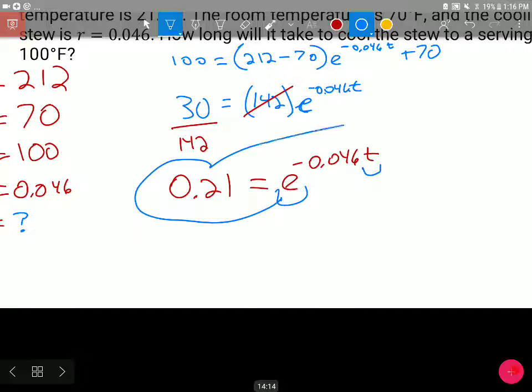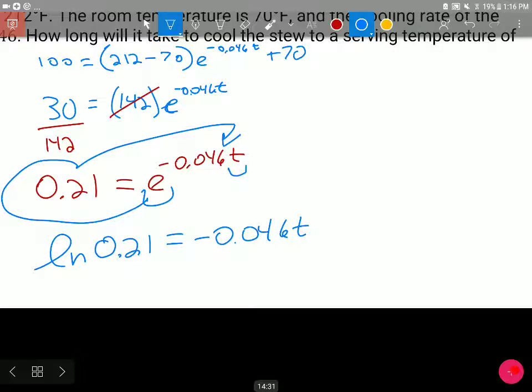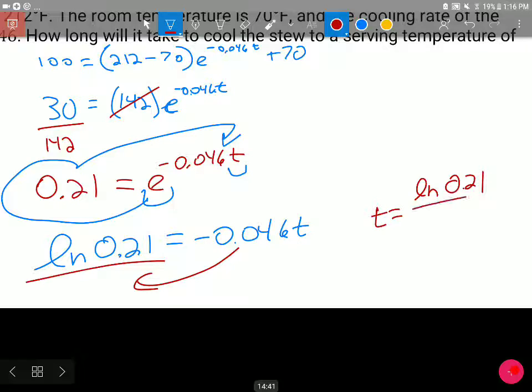So ln of 0.21 equals negative 0.046 t. And then there's one more thing to do. Divide by that. So your final answer, t equals the natural log of 0.21 divided by negative 0.046.